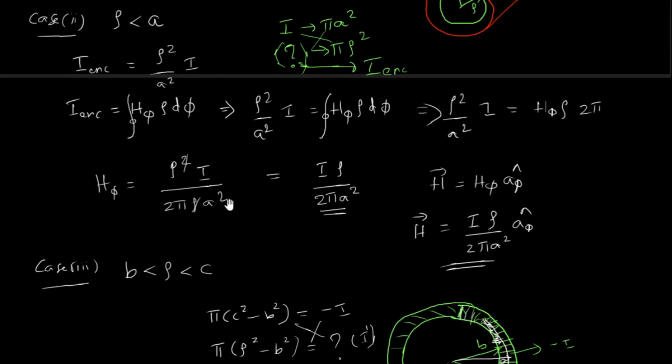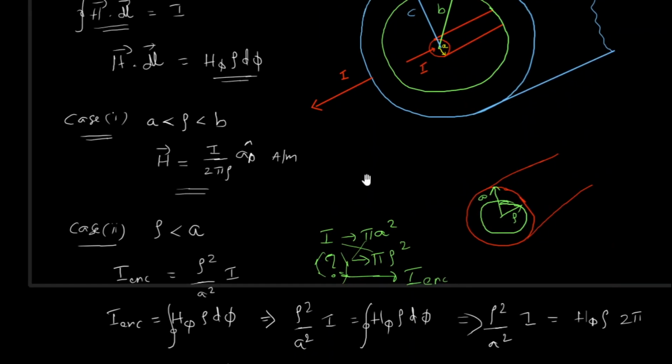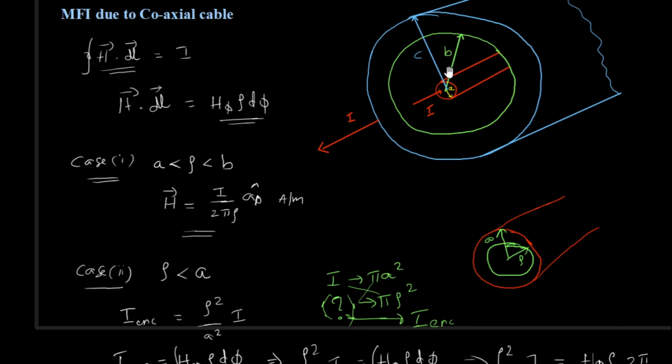So if you are interested in calculating the magnetic field intensity inside the inner conductor, you will have to use this equation: H = Iρ/(2πa²) a_φ cap. Here also the inner conductor radius and the current will be known to you. You can fix ρ based on the dimension a, because ρ should be less than a. You can calculate the magnetic field intensity at any point inside the conductor, and the magnetic field intensity at any point between the two conductors in a coaxial cable can be evaluated by using this equation.